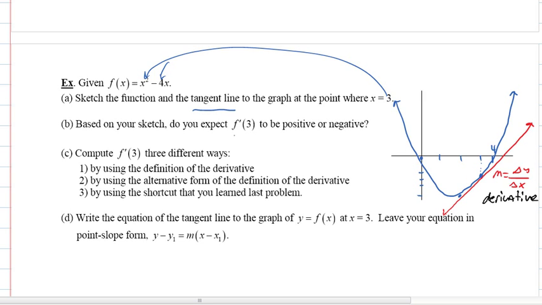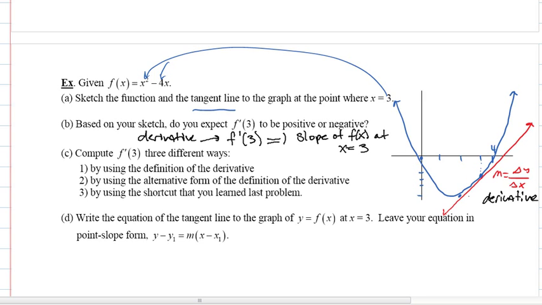In other words, f prime already stands for derivative, so f prime of 3 implies the slope of f of x at x equals 3.